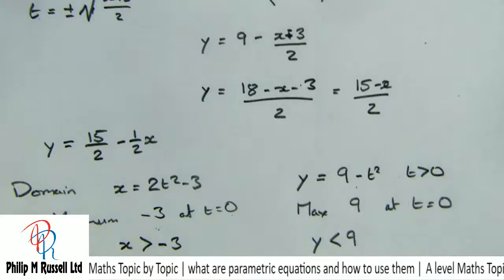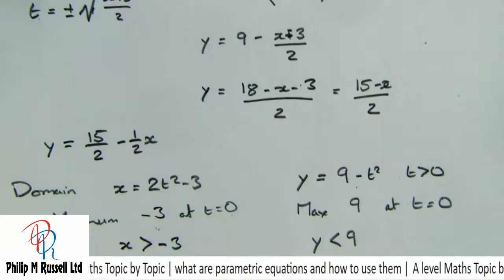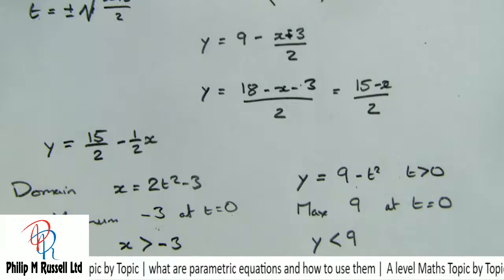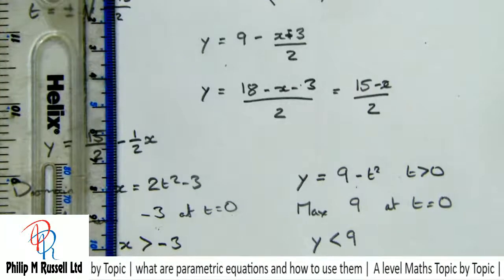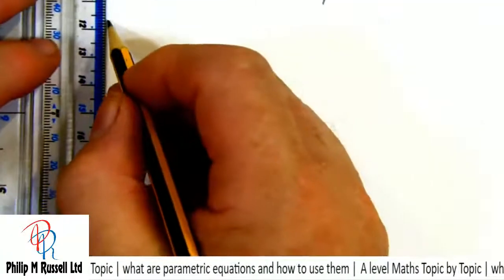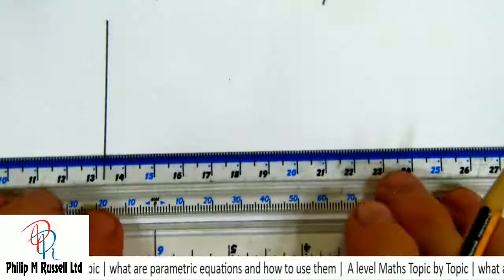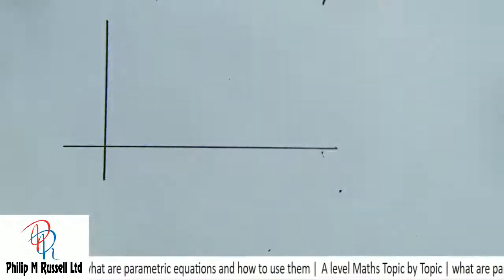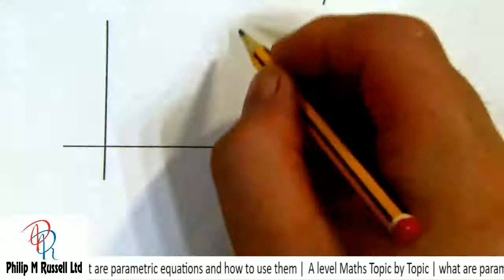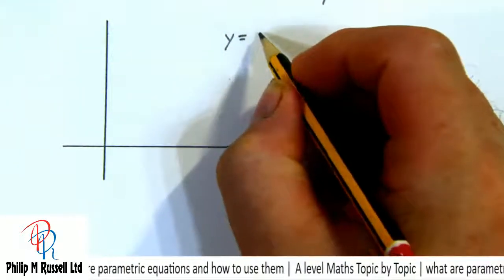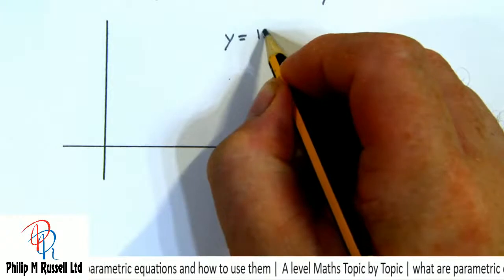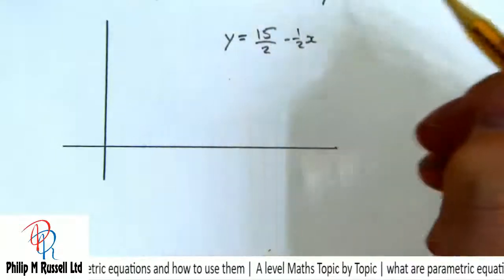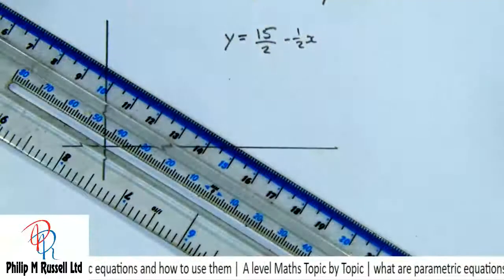And then sketch this curve, straight line, whatever it's going to be. Well, let's see what we know. We know that we've got an equation which is y equals 15 over 2 minus a half x. So I've got this at about minus a half x.